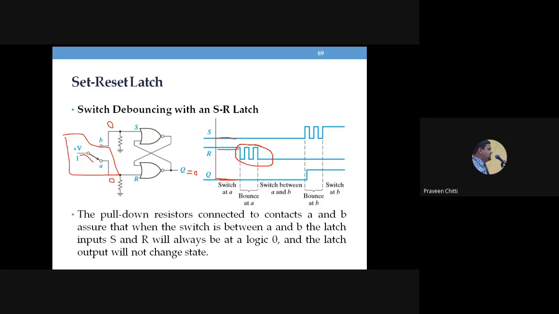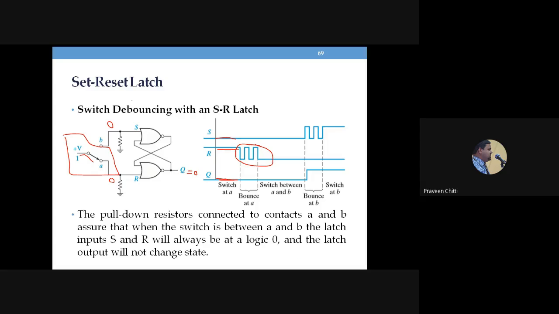That means R becomes 0, or 1, or 0, 1. This is called the debounce of that particular switch or key. Because of this debounce of the key, there should not be any change in the output. Though there is a debounce of the key, the output should remain the same. The output should not change.